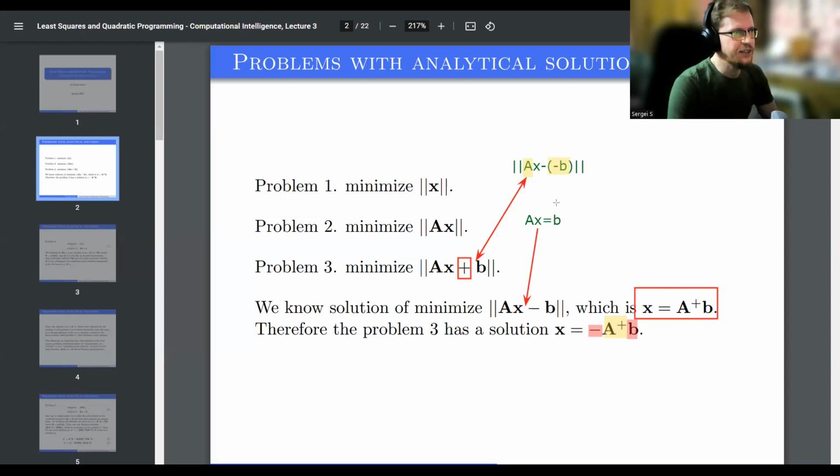All you need to memorize is that the solution to this guy is this guy. Everything else is clear. So when the sign is different, you get a minus sign here. Okay, all right. So this problem is also clear, and the solution is minus A pseudo-inverse b.